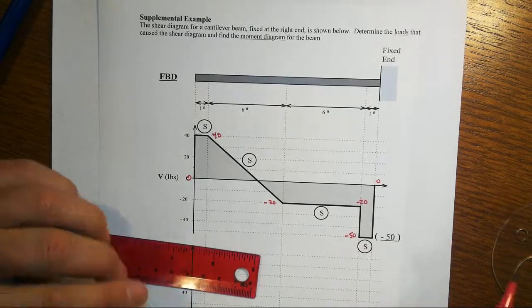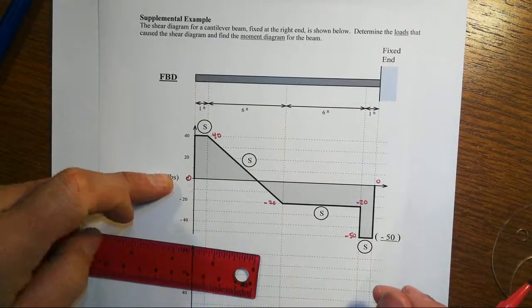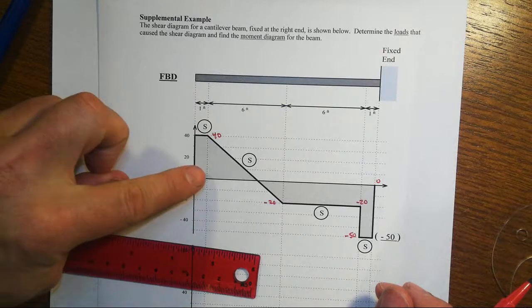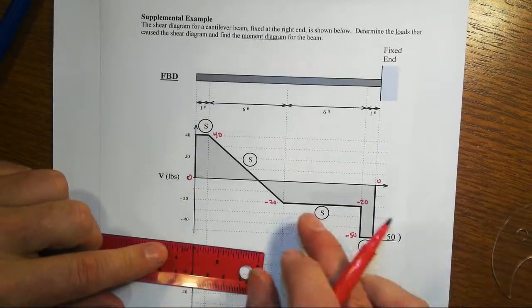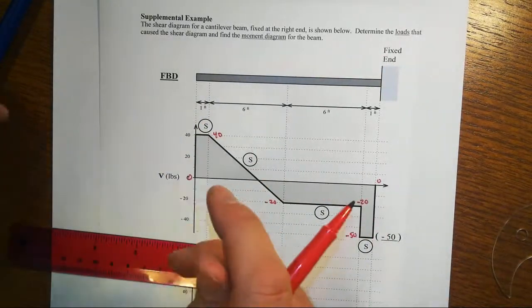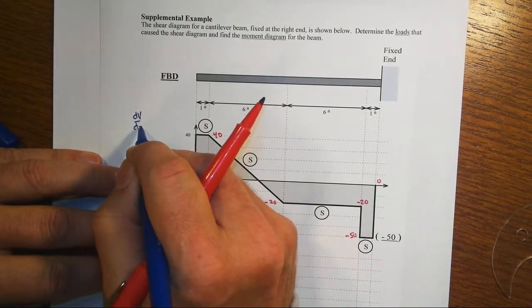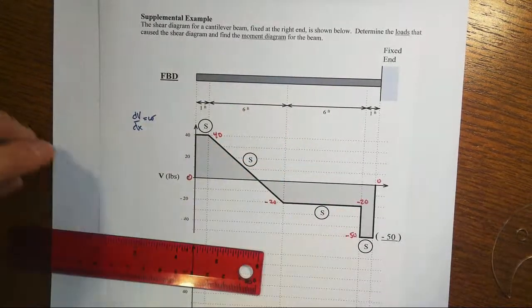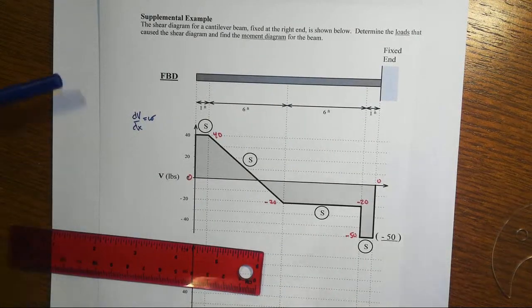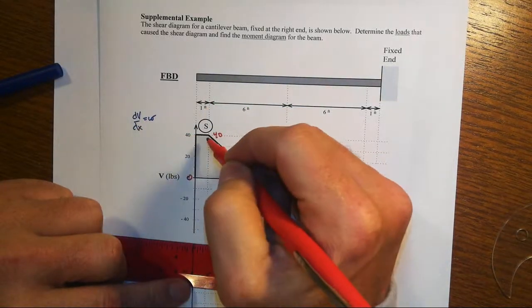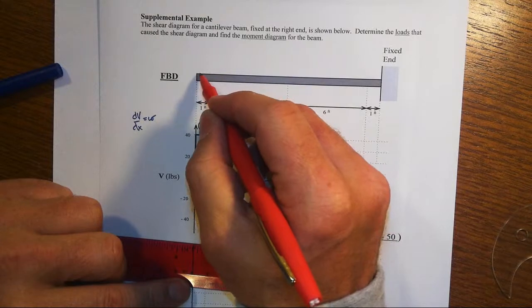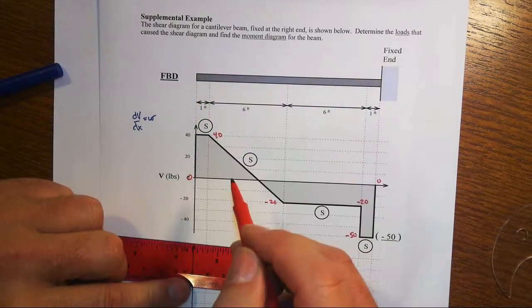Right? Now, from the shear diagram, we can go look at the moment diagram, but we can also go back to the load that created this. And that's by remembering what all of this stuff was all about, that dV/dx equals w. Well, if that's the case, where the slope of the shear diagram is 0, then we have 0 distributed load right here.